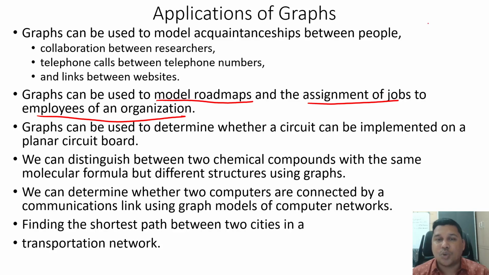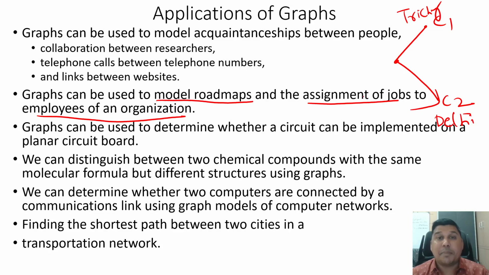Generally, for connecting roads, if you want to travel from city 1 to city 2, there may be different ways. Maybe this is Trichy. I am at Trichy here. From Trichy I want to go to Delhi. So, one way, from Trichy you go to Bangalore, from Bangalore you catch the flight. This could be one. Depends on the criteria again.